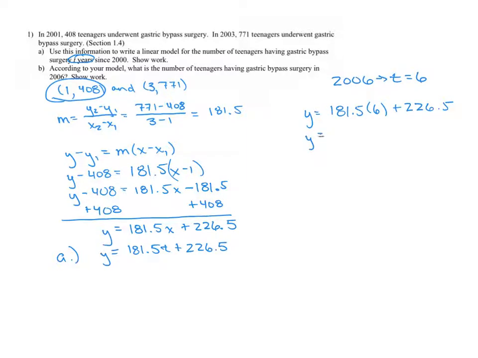If we go ahead and multiply, 181.5 times 6 is 1089. If we add on 226.5, we get y equals 1315.5. I'm going to go ahead and round that up to 1316 teenagers.